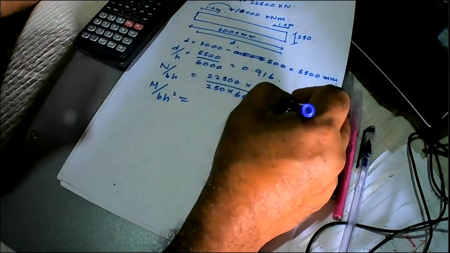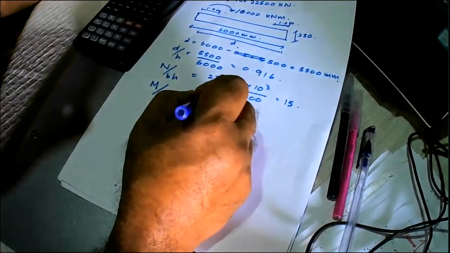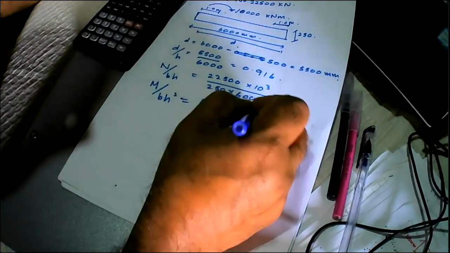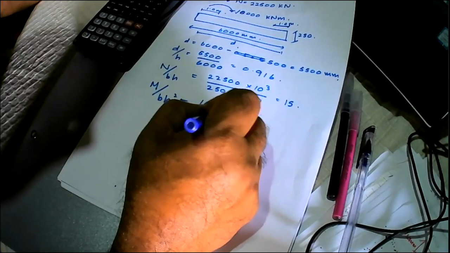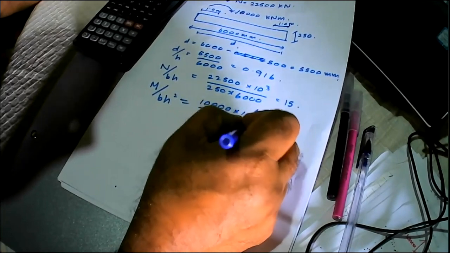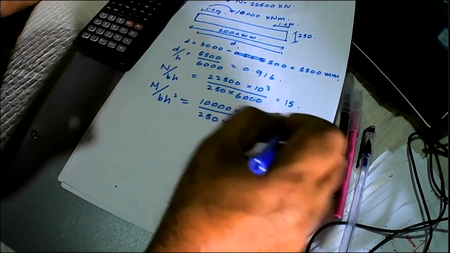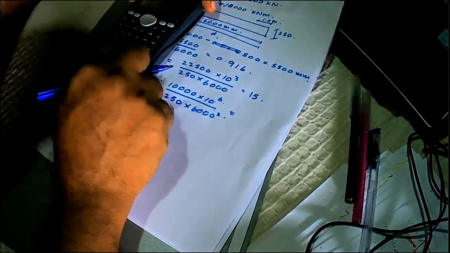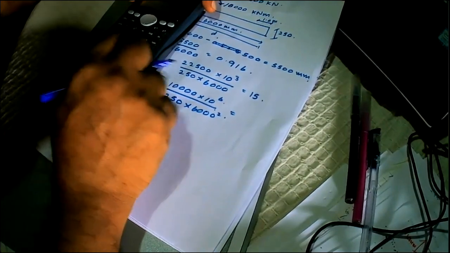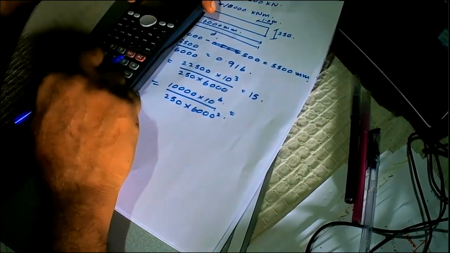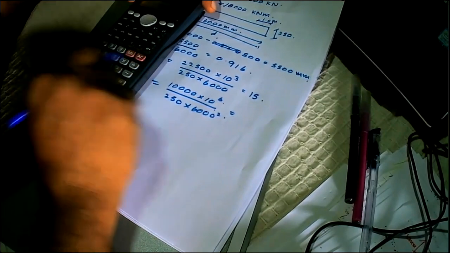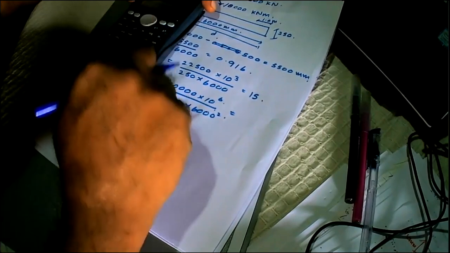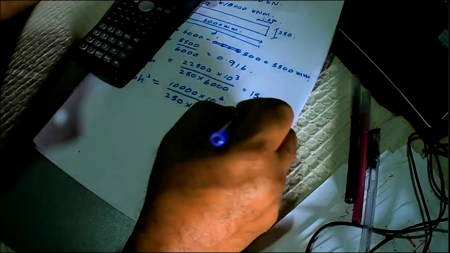So we get a value of 15, and the bending moment is 10,000 times 10 to the power 6 divided by 250 times 6,000 squared. We get 1.11.